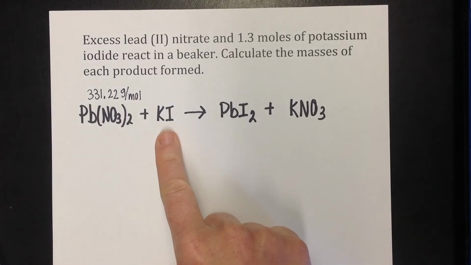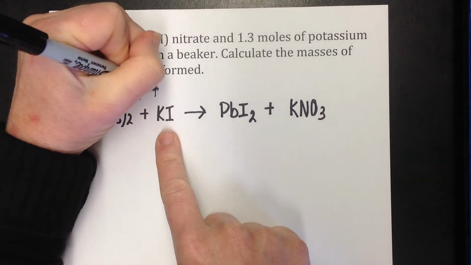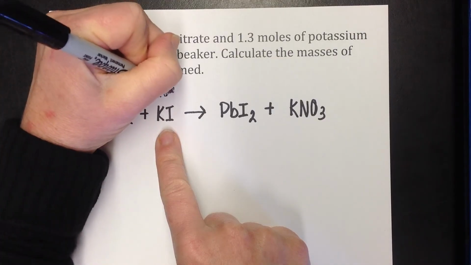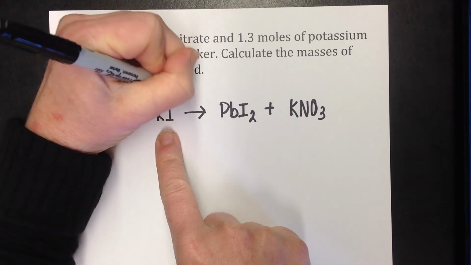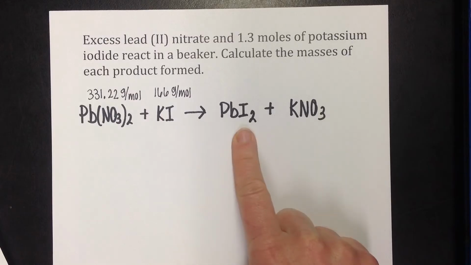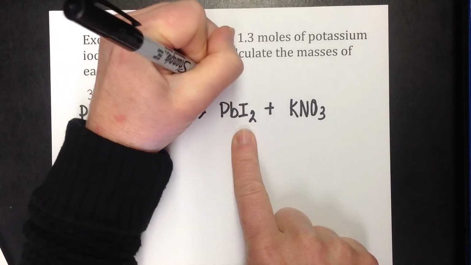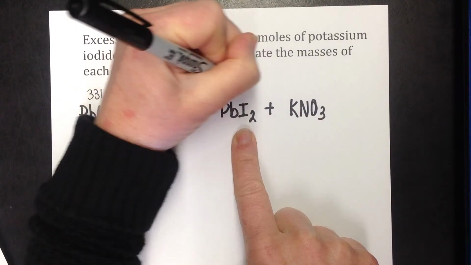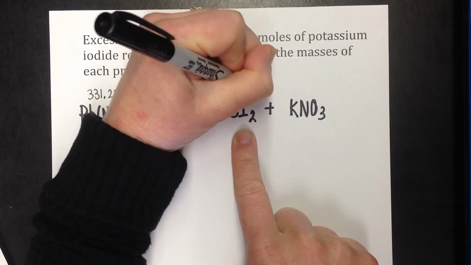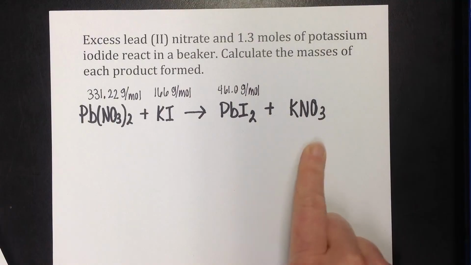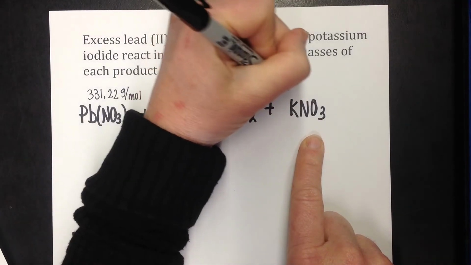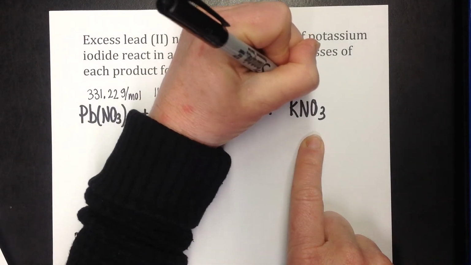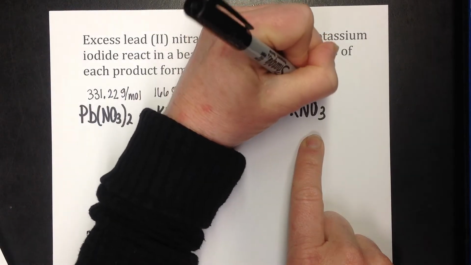The mass of potassium iodide is 166 grams per mole. The mass of lead 2 iodide is 461.0 grams per mole. And the mass of potassium nitrate is 101.11 grams per mole.